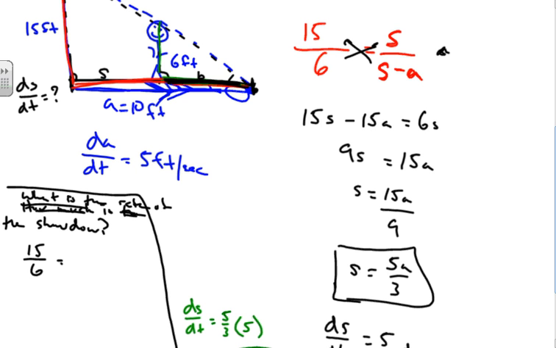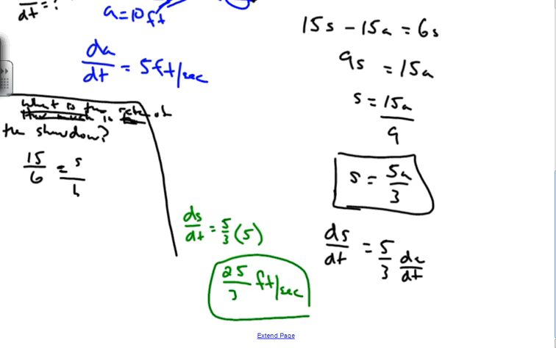Remember this is A. Since we know what ds dt is, we probably could use S is to B. We're looking for B, so we know that 6/15 times S equals B.